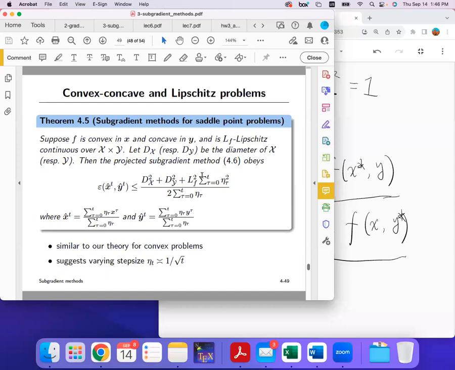Since the structure is similar, we will choose this step size, 1 over square root of t, and then this error will be decaying at roughly 1 over square root of t. So the convergence rate is very similar. Maybe next time we will briefly talk about this proof.